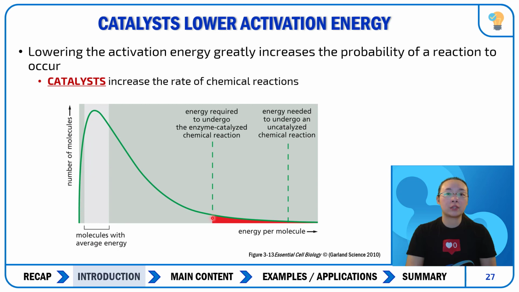The required energy is highlighted here in red. For most biological reactions, the number of molecules that actually reach this energy naturally is very, very little. So that means we usually need enzyme catalysis in order to go through a whole bunch of biological reactions.